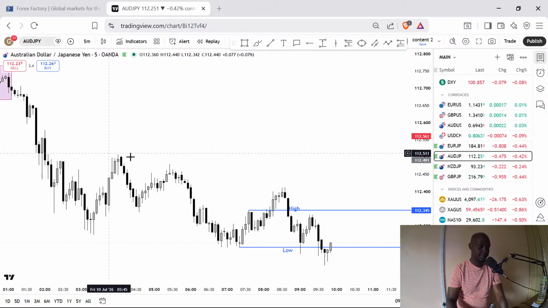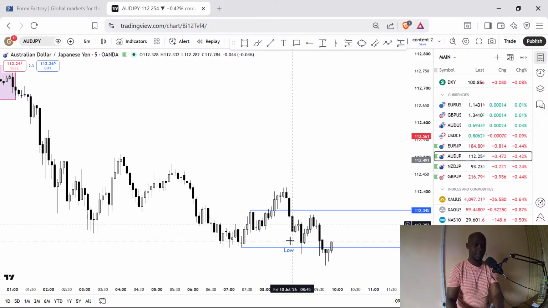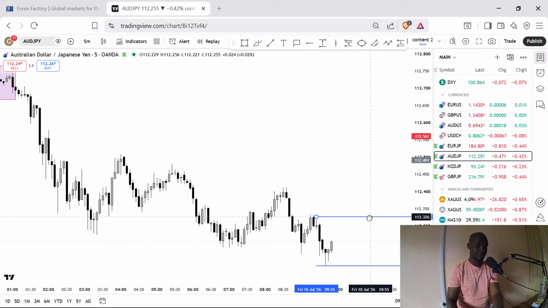Remember, the stream started, I was looking for longs on the yen pairs, but we did not get continuation of momentum here. We've reversed, so I'm still looking for longs on ODJPY because when I look at this sort of price action, for me, this is very corrective price action.